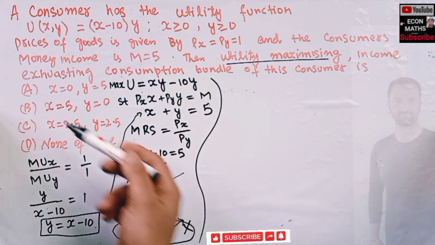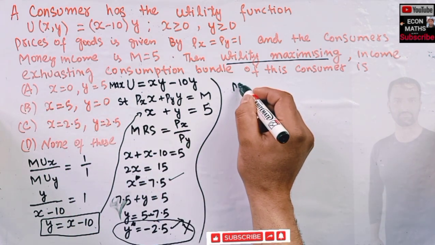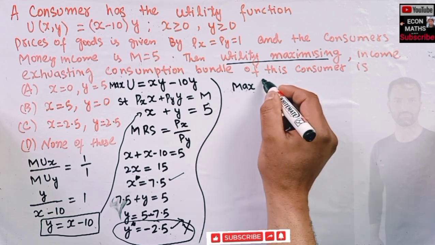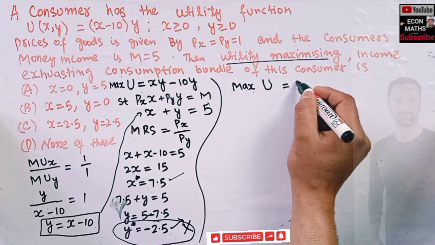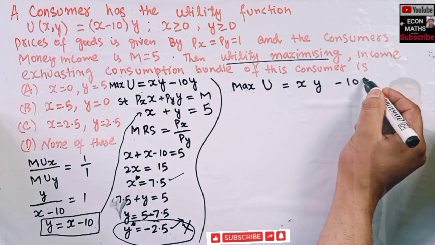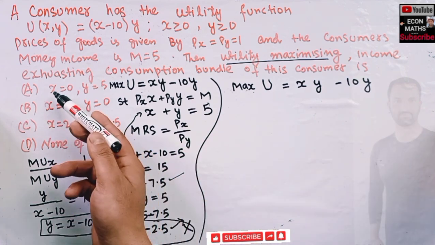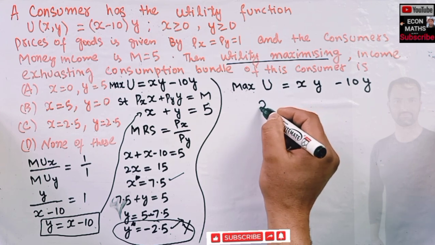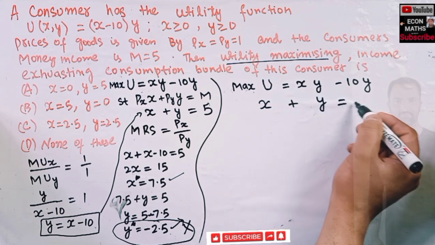Now let us see what options are given to us here. We want to maximize u, where u is equal to xy minus 10y. Let us use the elimination method here. We are also given that x plus y should be equal to m.